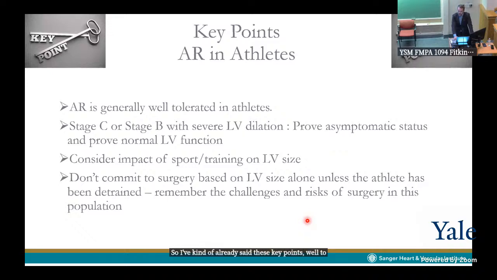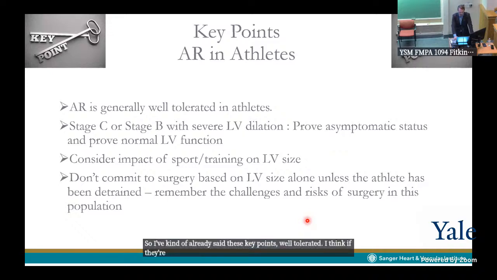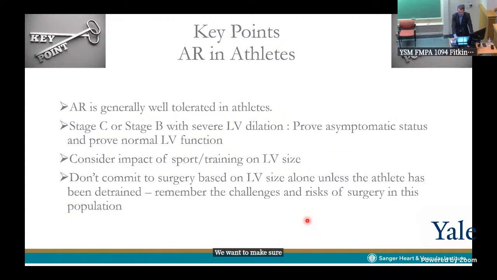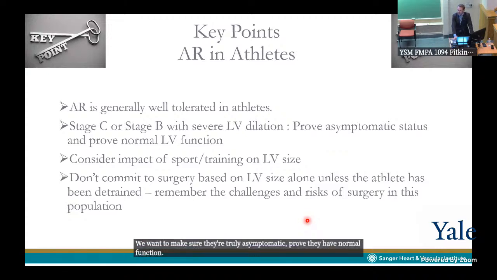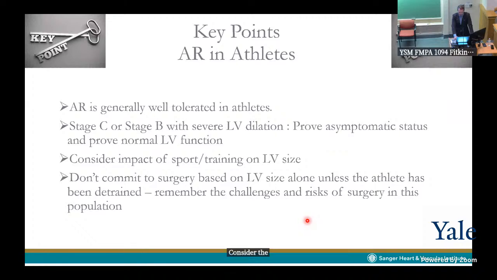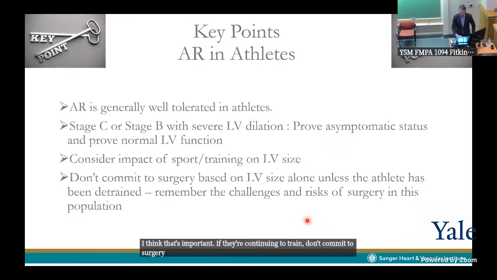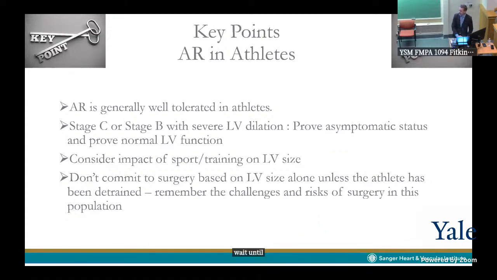If they're stage C or B with severe LV dilation, we want to make sure they're truly asymptomatic, prove they have normal function, consider the impact of the sport and training they have, and don't commit to surgery on size alone. I think that's important. If they're continuing to train, don't commit to surgery on size alone. Wait until they've detrained and consider the risks and problems with surgery when you send them.